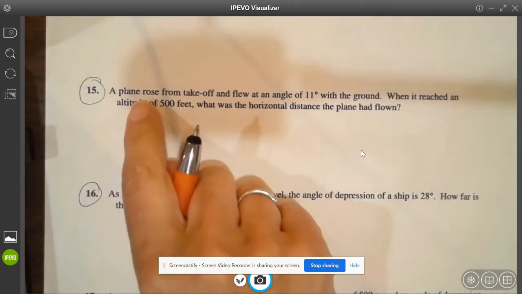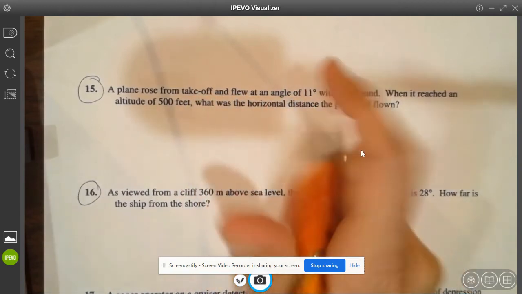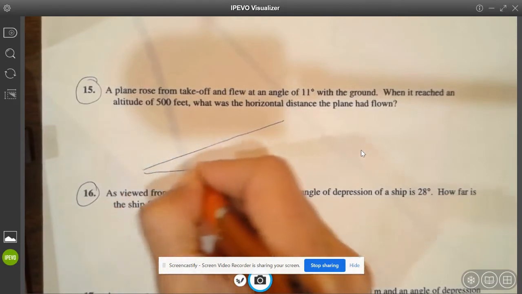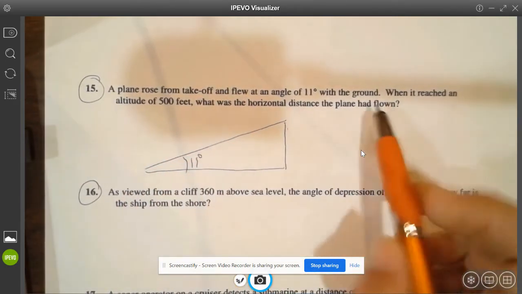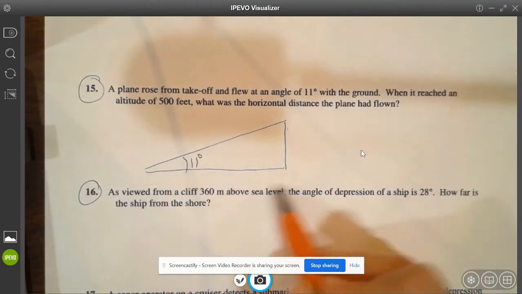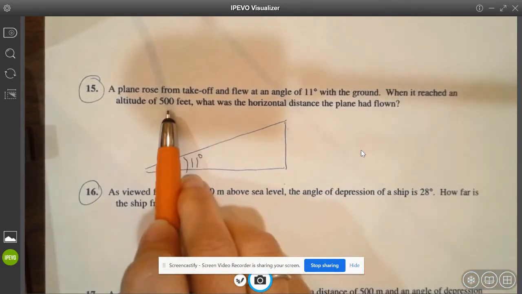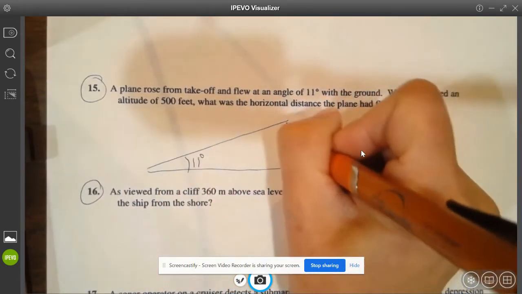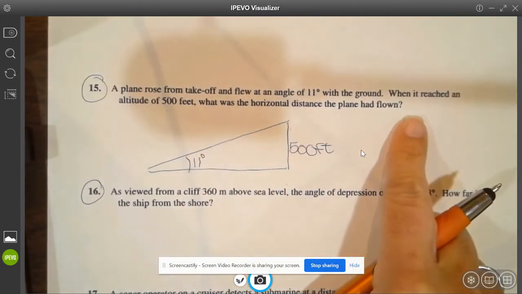All right, so a plane rose from takeoff and flew at an angle. So the plane is right here and it goes here with this angle of 11 degrees with the ground. It's making that with the ground. When it reached an altitude of 500 feet, that's 500 feet here, what is the horizontal distance that the plane had flown?